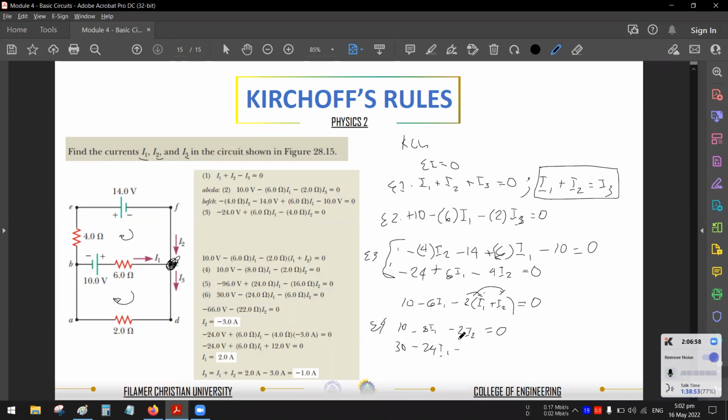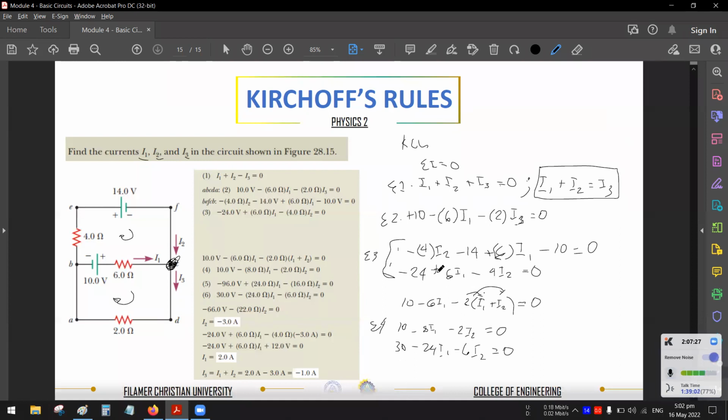Minus 6i sub 2 equals to 0. Ayan. Okay, tama ba? Ito.